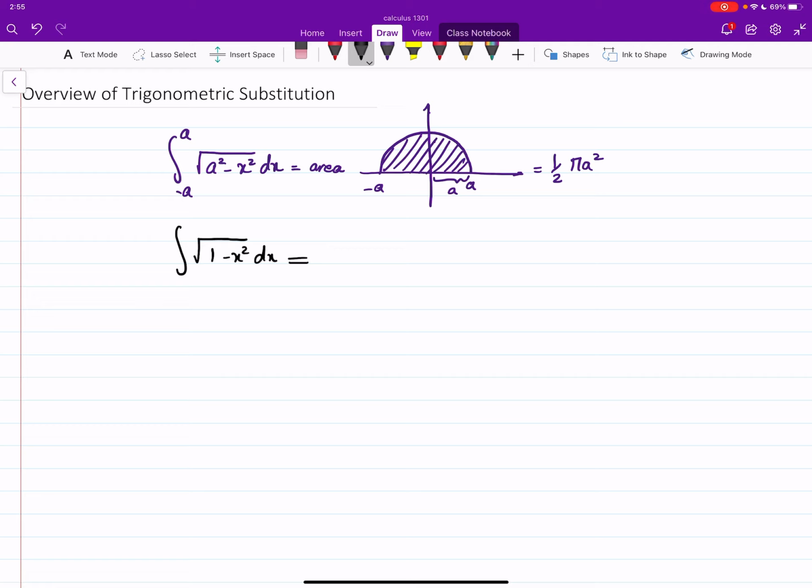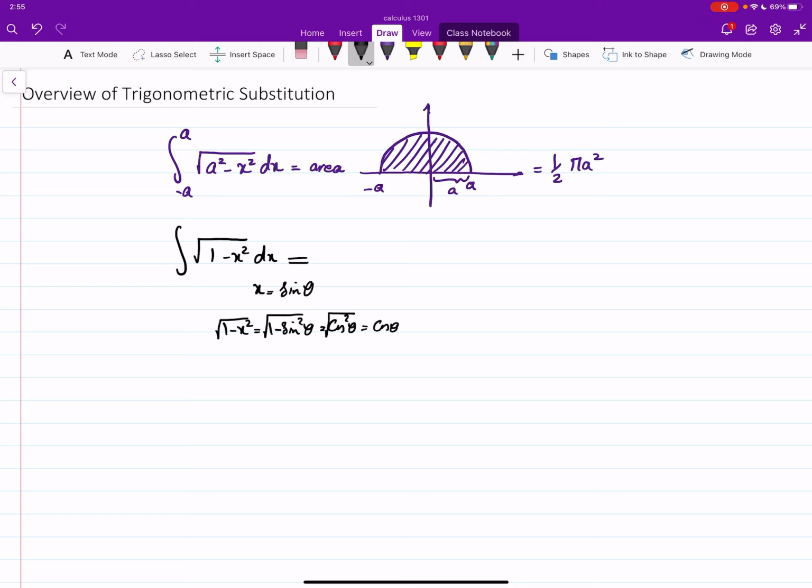But getting rid of the square root is not an easy task, unless you notice that if my x was sine theta, then 1 minus x squared will be 1 minus sine squared theta, and that will be cosine squared theta. Then, with everything inside the square root, this will come out as cosine theta. So I can use that trick and get rid of the square root.